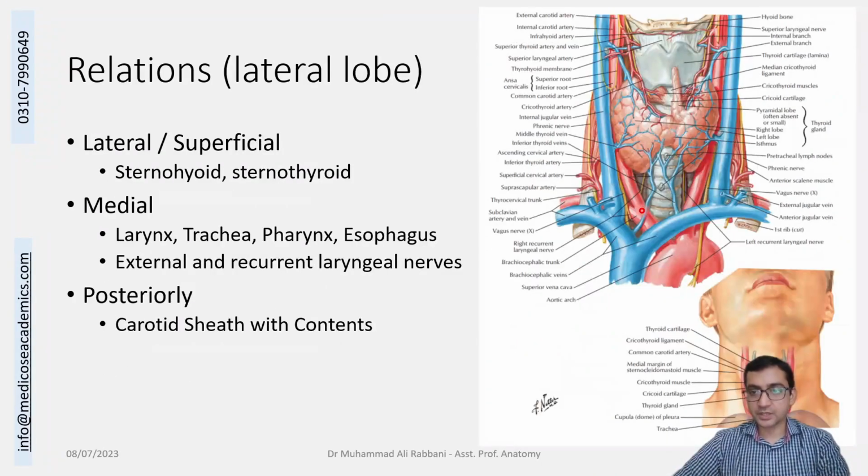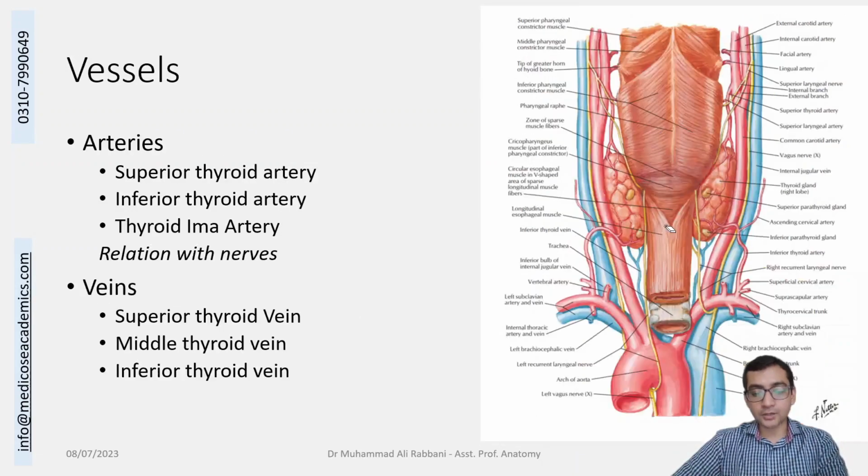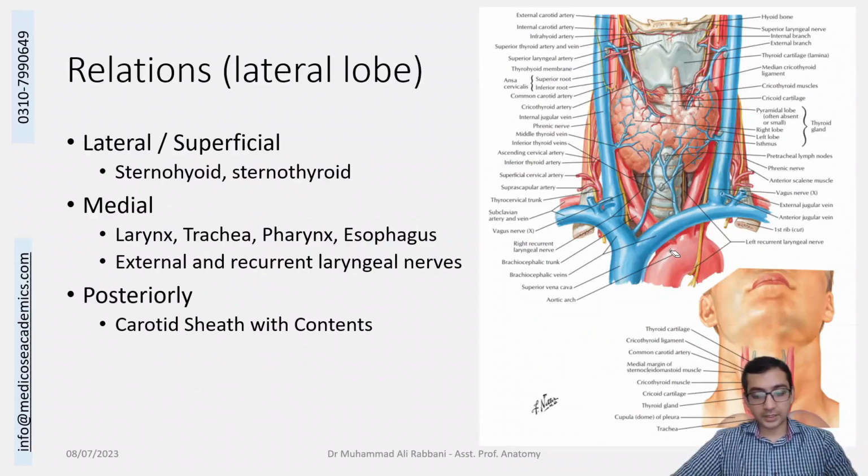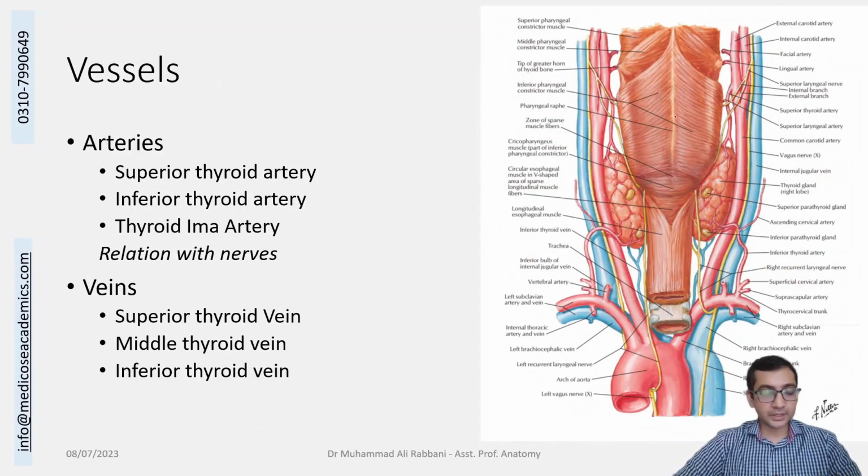It is not shown in these pictures, but sometimes it originates from the brachiocephalic trunk, goes up, and sometimes it originates directly from the arch of the aorta, and moves up and supplies the thyroid gland in the midline. It is a very rare artery, not always present.